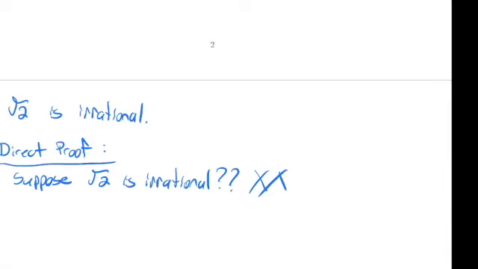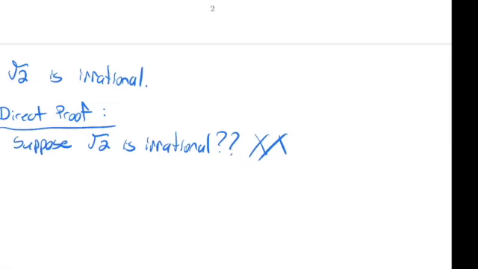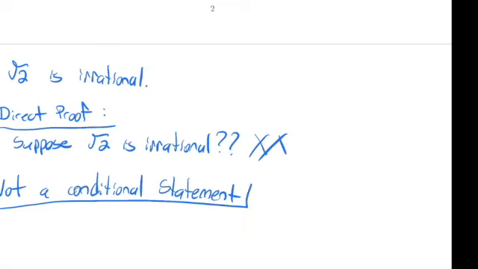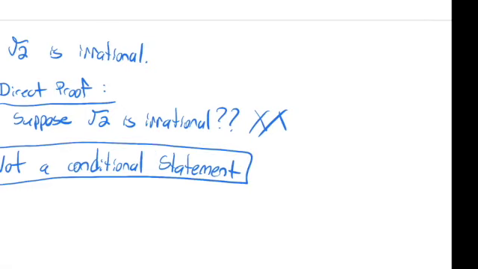And there's no if then here. So there's not even a clear way to see how I could use direct proof. This is not even a conditional statement. So we can't use direct proof, and for the same reason contrapositive proof is not going to work. So if we're not dealing with a conditional statement, then there's really no way to apply the direct or contrapositive proof. So let's try proof by contradiction.